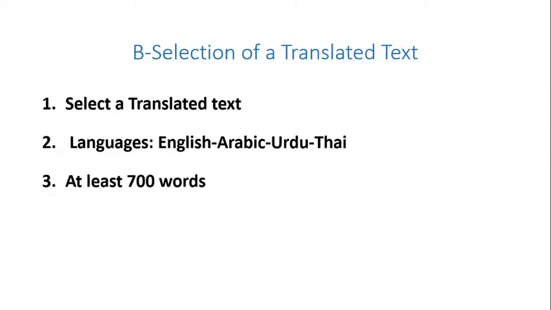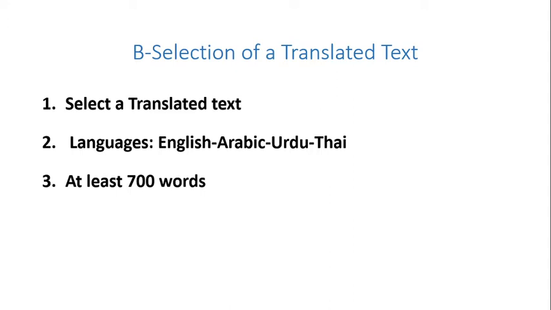The B part, which is the next phase of your project, is the selection of a translated text, and in this phase you will select a text already translated by human translator or translators, from a book, from an article, from the internet, wherever the sources are open to you.